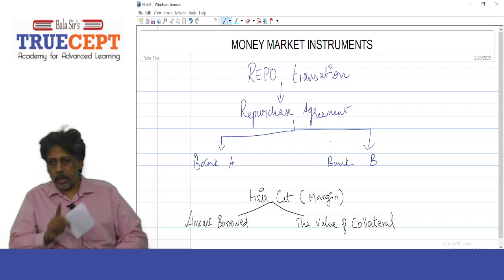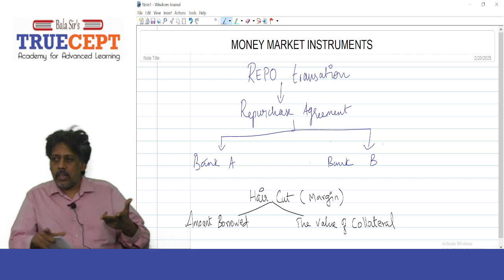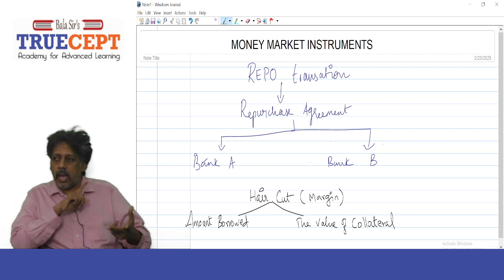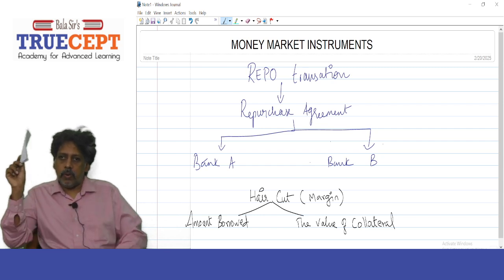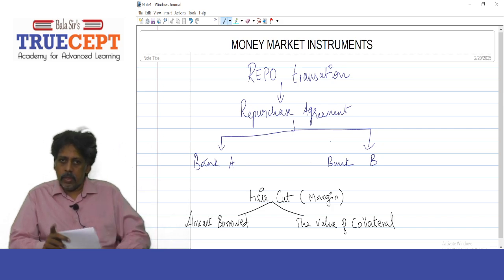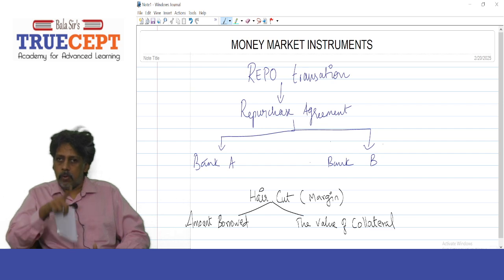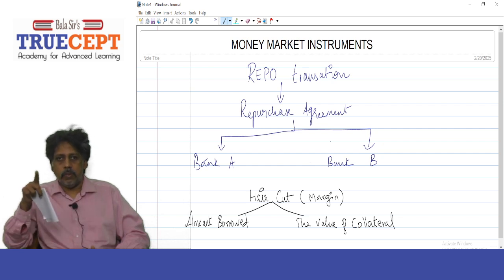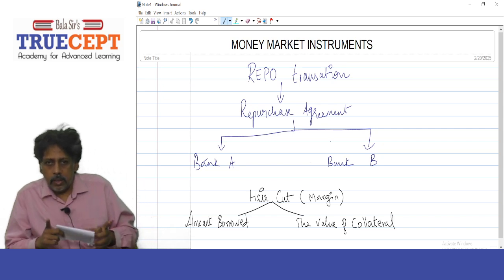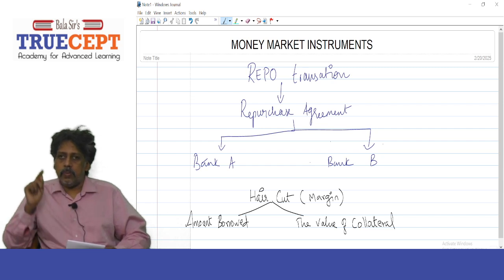Even if the investment sold has a value of, let us say, 1,10,000 after a month, banker A has to pay only 1,01,000 to buy those investments back. So it is a financing arrangement.